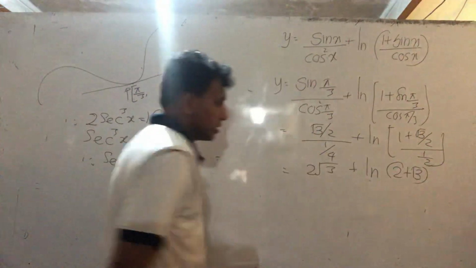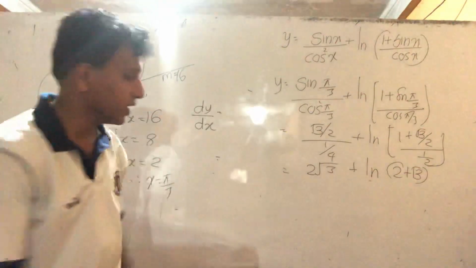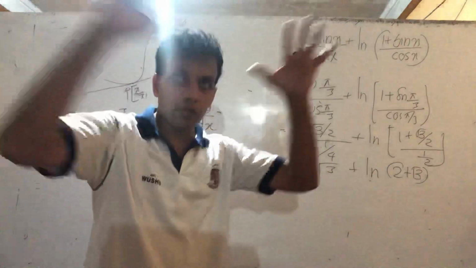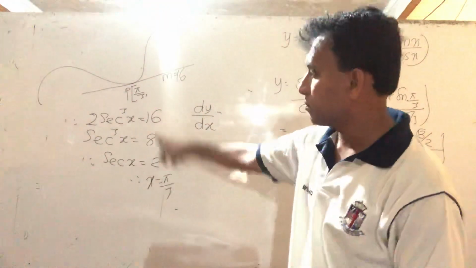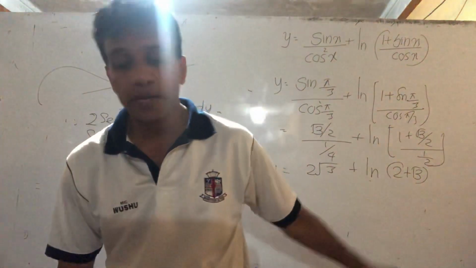Okay, is the answer? Check there, 2 root 3, yes. This is the y coordinate. Therefore give the big bracket, within the bracket the x coordinate and the y coordinate of the point P.